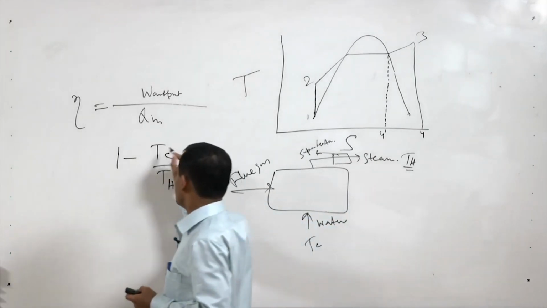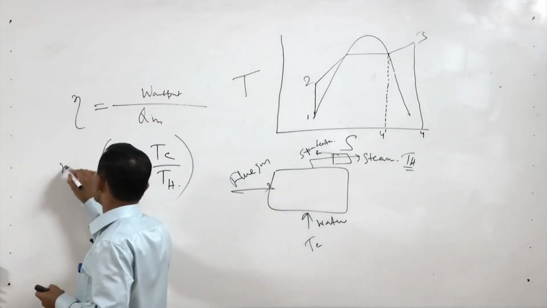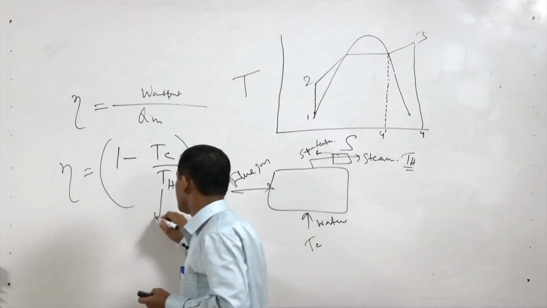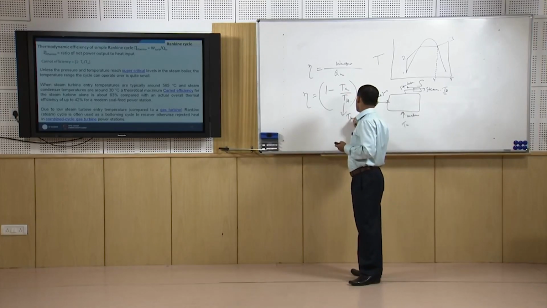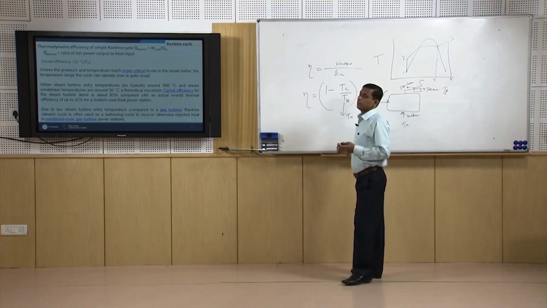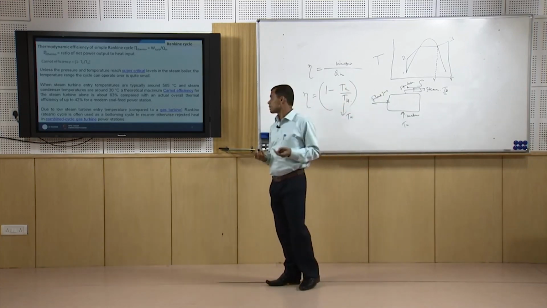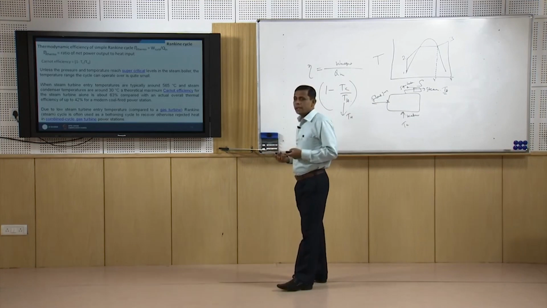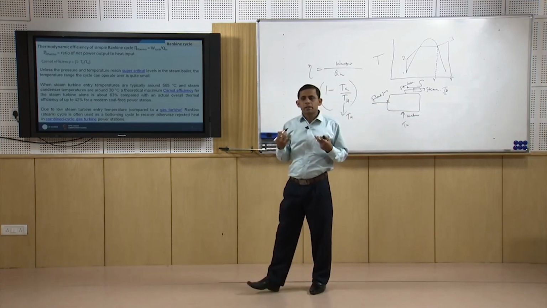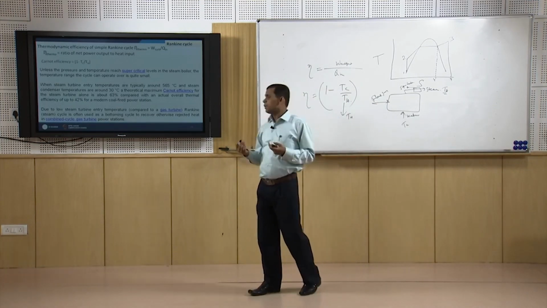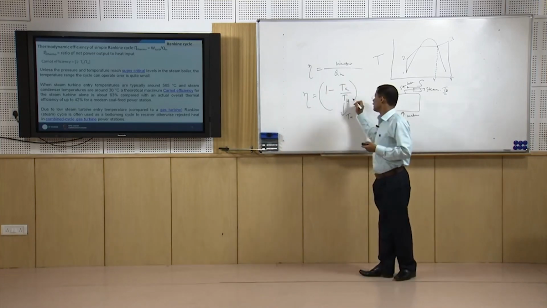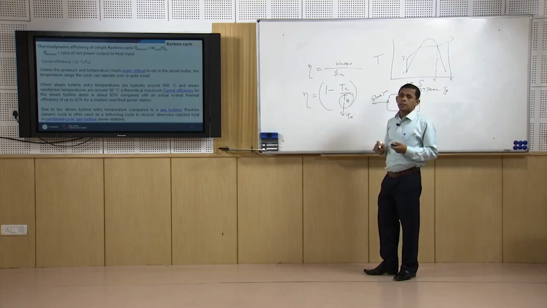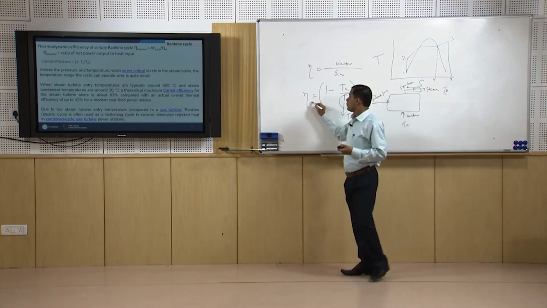This value is giving us efficiency. The more the value of Th, the more the efficiency, or the lesser the value of Tc will also give us more efficiency. That is why, if the boiler is used in supercritical condition, the steam is produced in supercritical condition, Th is very high, and then we get maximum efficiency.